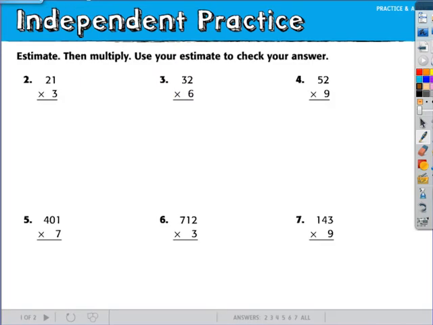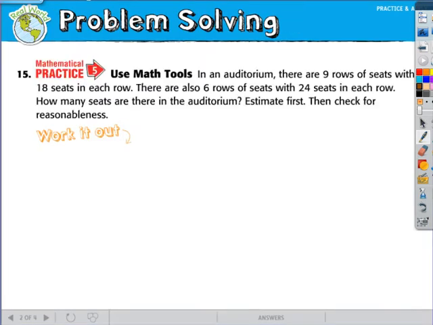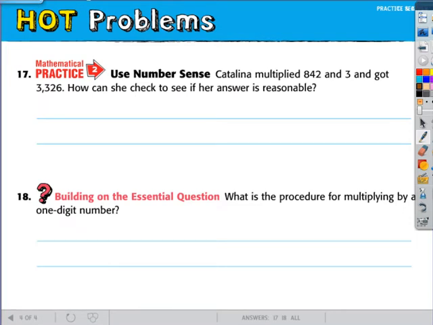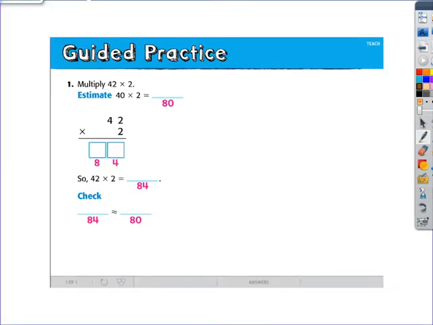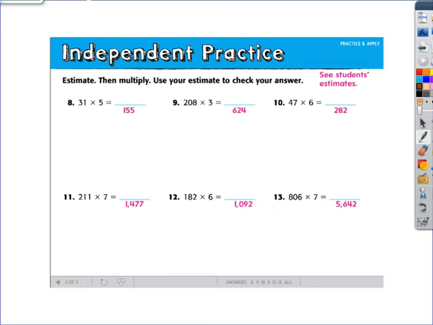Now, your independent practice, you're going to do all of these. So through 18. Is that for homework? Yes. Don't forget, if you need to check the answers for the independent practice, they will be on our video. That is what I'm doing right now while your screen is frozen, so you guys can't see them.